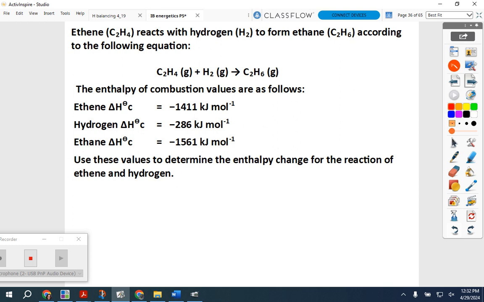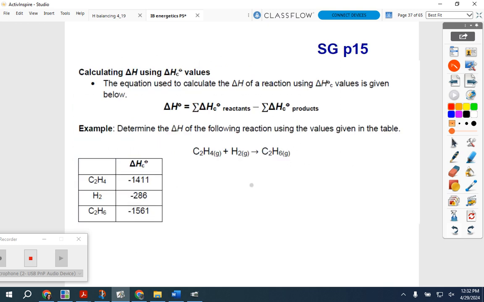Okay. Let's actually skip to one that's in your booklet. Page 15 in your study guide. Again, it gives you the reactants minus products. And here's an example. So we've got C2H4, our ethene molecule. We are reacting that with hydrogen to give us ethane.